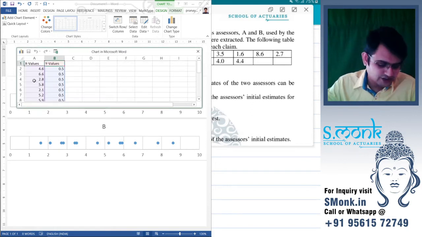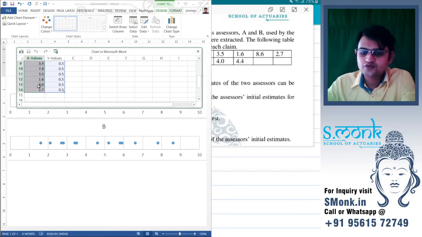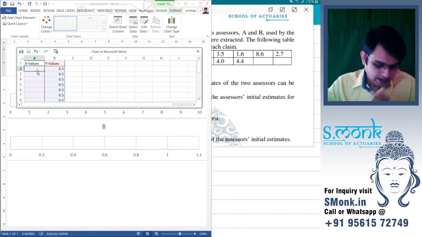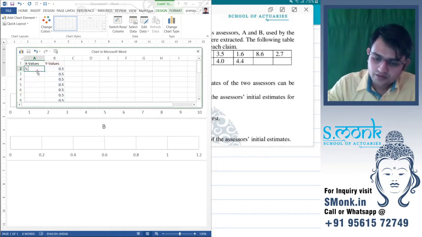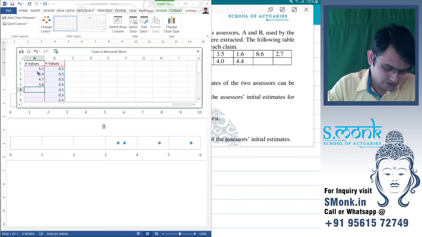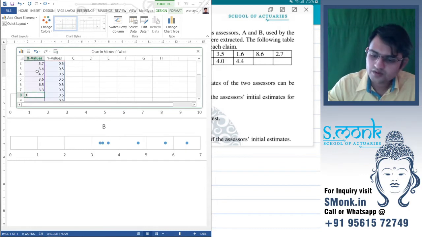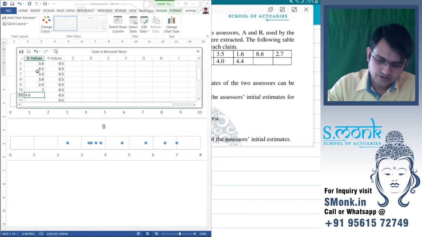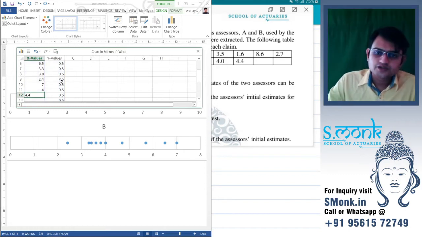I need to change my x values, so I will select these and remove them. Then for the x values I will put the B values here: 3.4, 4.7, 3.6, 6.5, 3.3, 3.8, 2.4, 4.0, and 4.4. So this is nothing but our data.